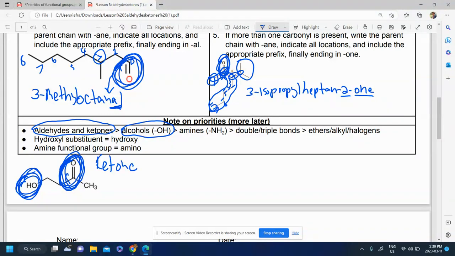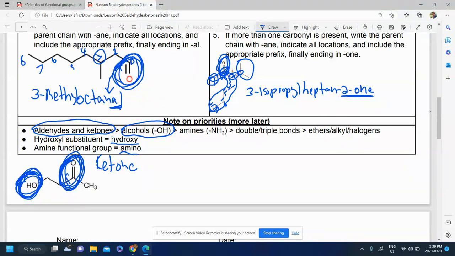And so our ending will follow the rules for ketone naming. But what do we do with this alcohol group? How do we indicate it? Well, if it's a lower priority now, it is treated as a substituent. And when the alcohol is treated as a substituent, its name is hydroxy. Not hydroxyl, but hydroxy. If it was an amine, its name would be amino.